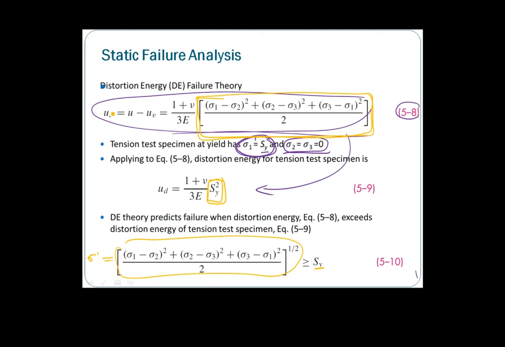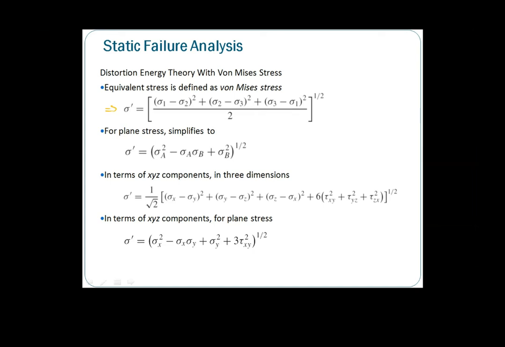If it is larger than your Sy, then we fail. So for MSS, we compare our tau max with our Sy over 2. For DE theory, we compare our equivalent stress directly with our Sy, the yield strength. That is in 3D.